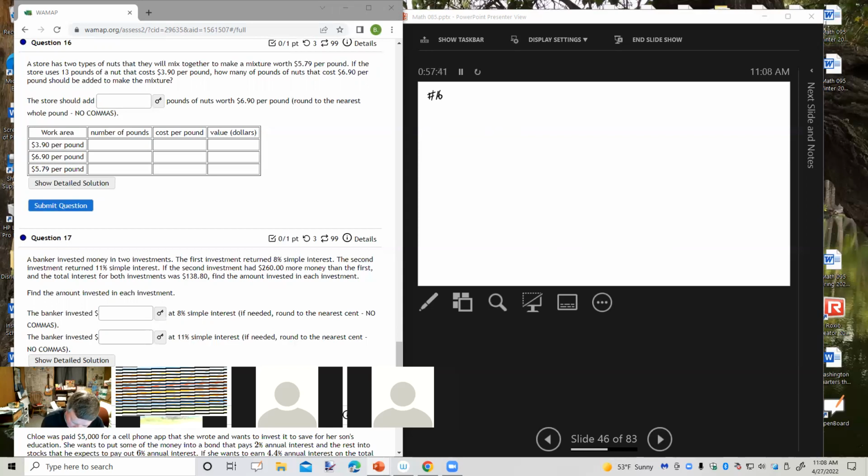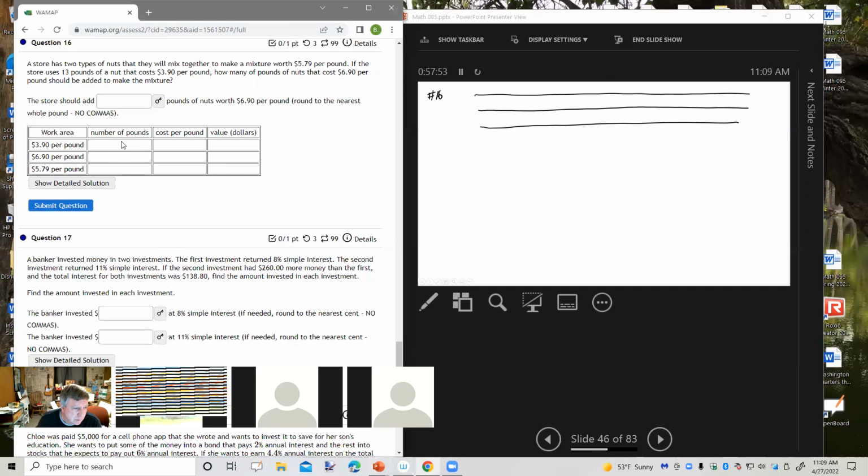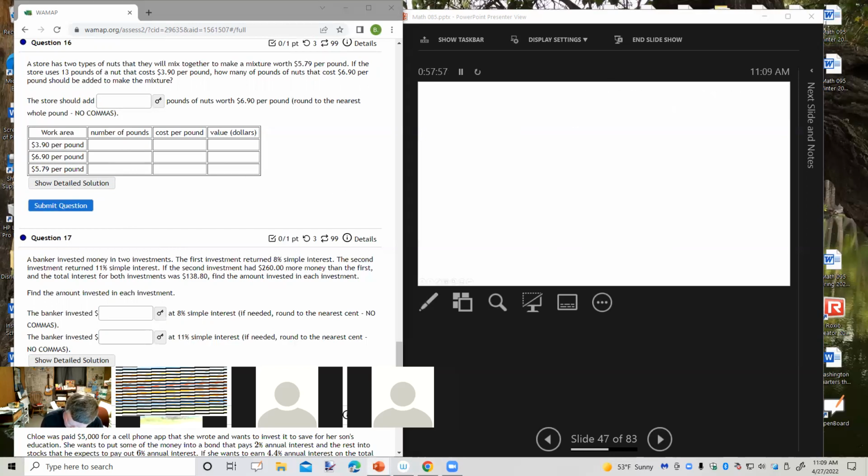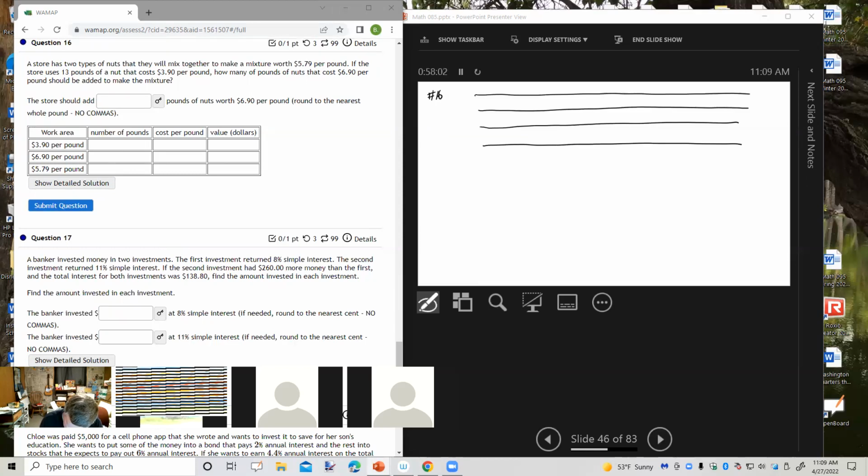So let me copy down this work area. Actually, I wonder if we can put it in there. No, they won't let us put things in there, so I have to make my own work area.